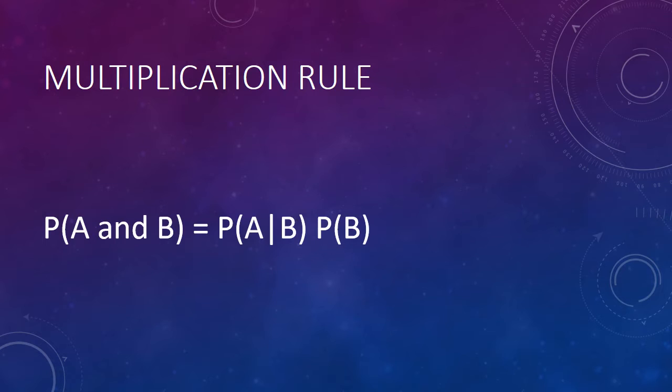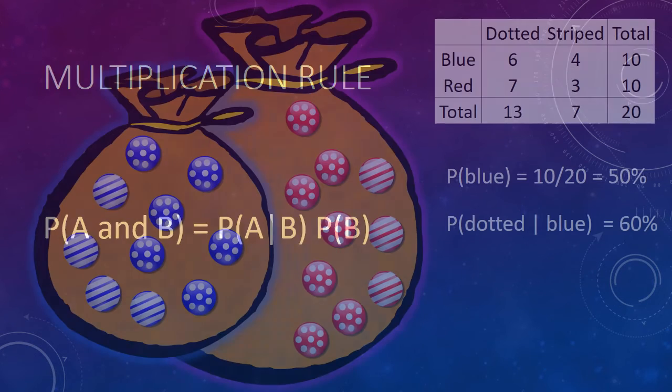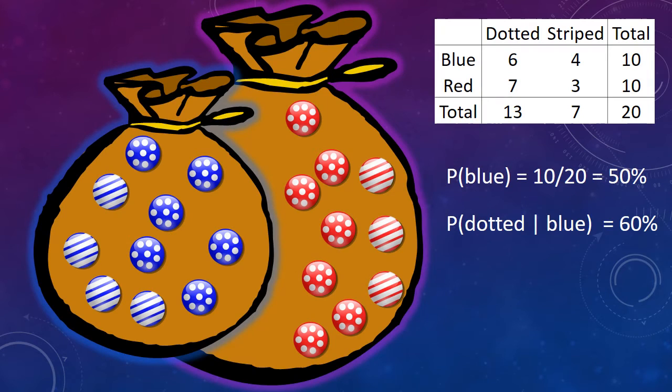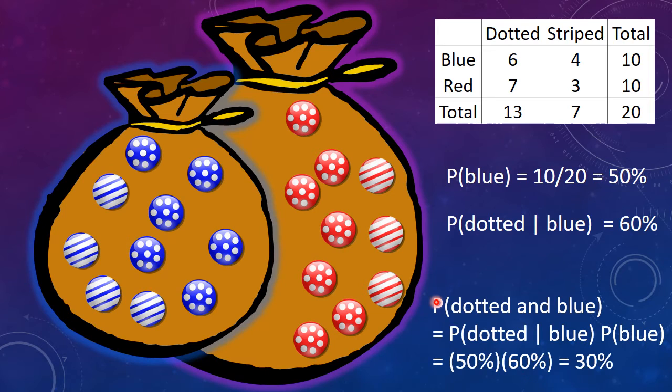Let's see how this formula works using our marble example. We know that the probability of a marble being blue is 50%, and the probability of a marble being dotted given that it's blue is 60%. So the probability that a marble is dotted and blue is equal to the product of those two probabilities: the conditional probability that the marble is dotted given that it's blue, and the marginal probability that the marble is blue no matter whether it's dotted or striped.